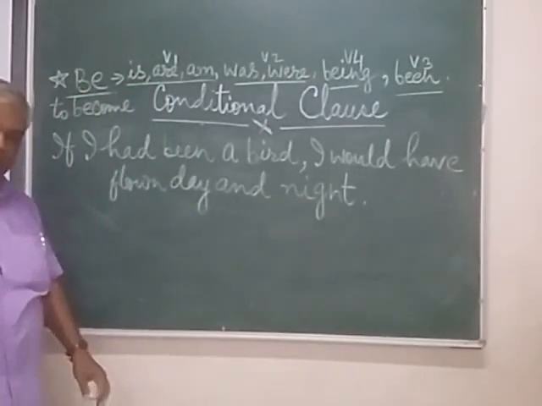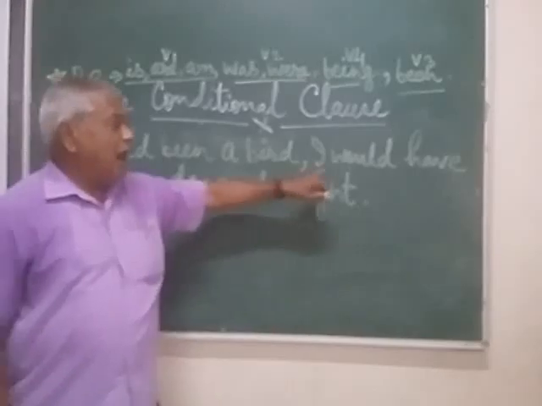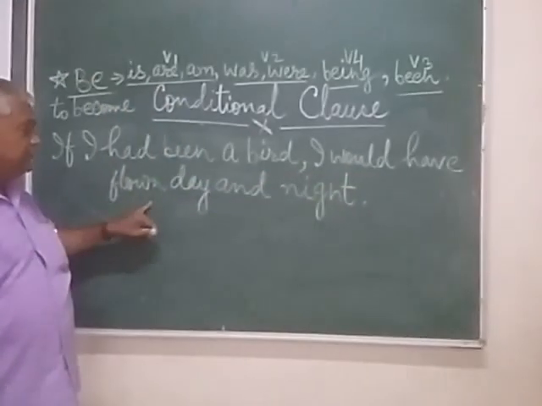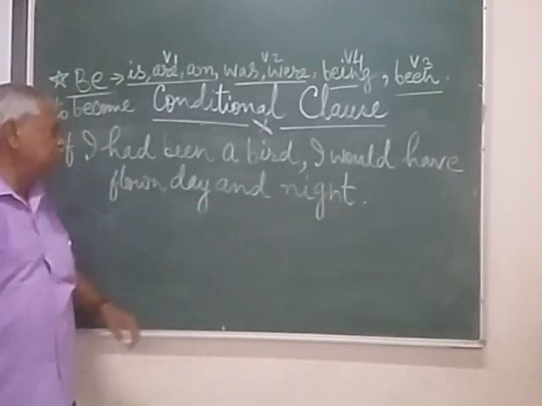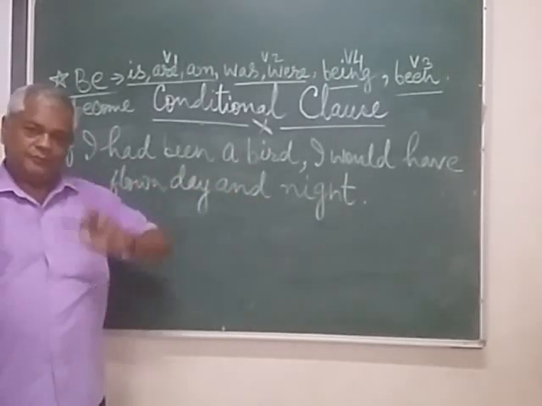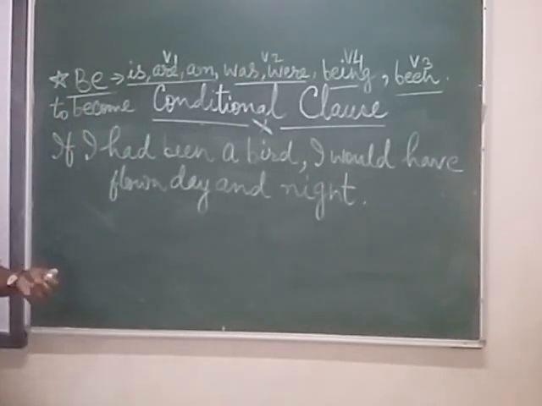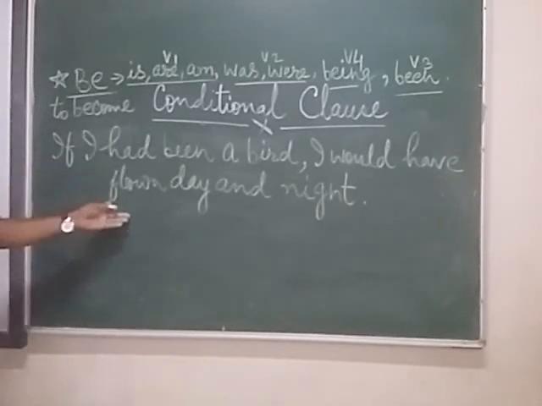This also can be written in reciprocal manner. You may start from here. I would have flown day and night if I had been a bird. So this sentence also can be written in reciprocal manner in terms of the past perfect tense.